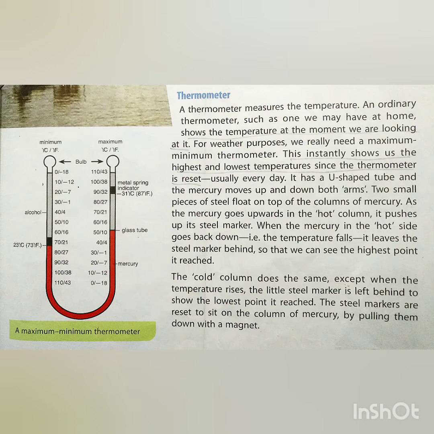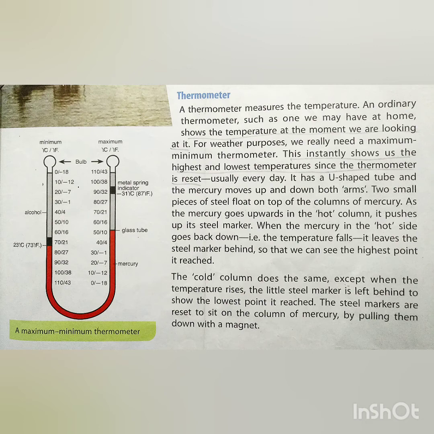Similarly, on the cold column, the temperature shown is the lowest temperature it reaches. And we can reset these pieces of metal on both sides by pulling them down with a magnet.